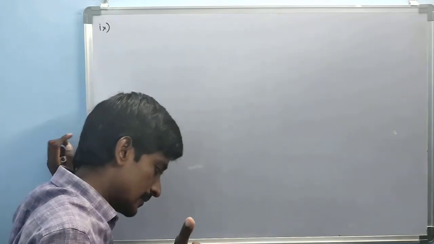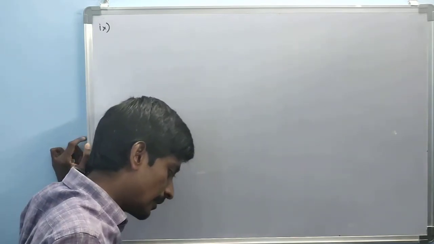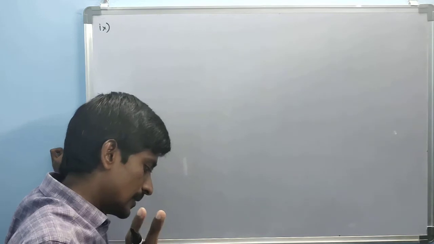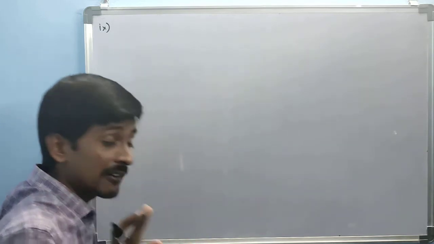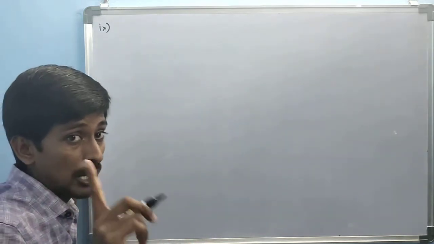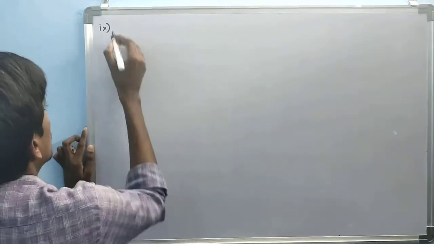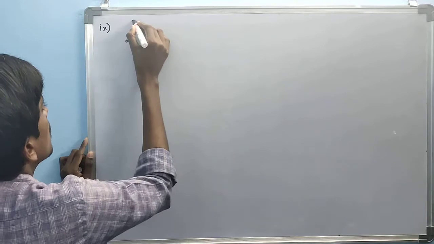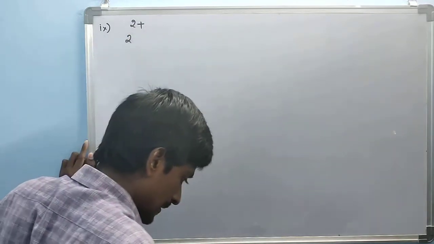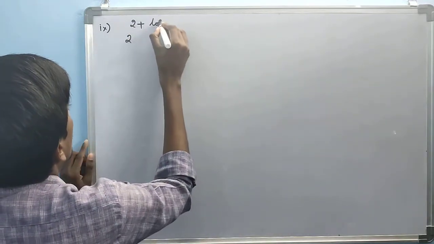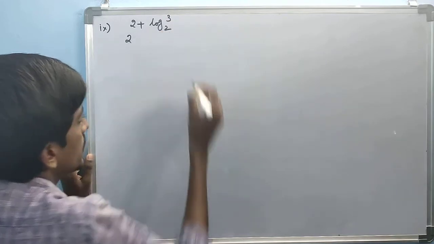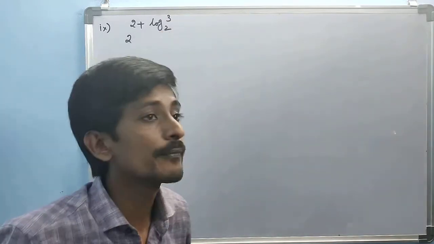Eighth one, seventh one, second one. These were very important 1 mark sums. Ninth one. 2 to the power of 2 plus log 3 base 2. Okay.